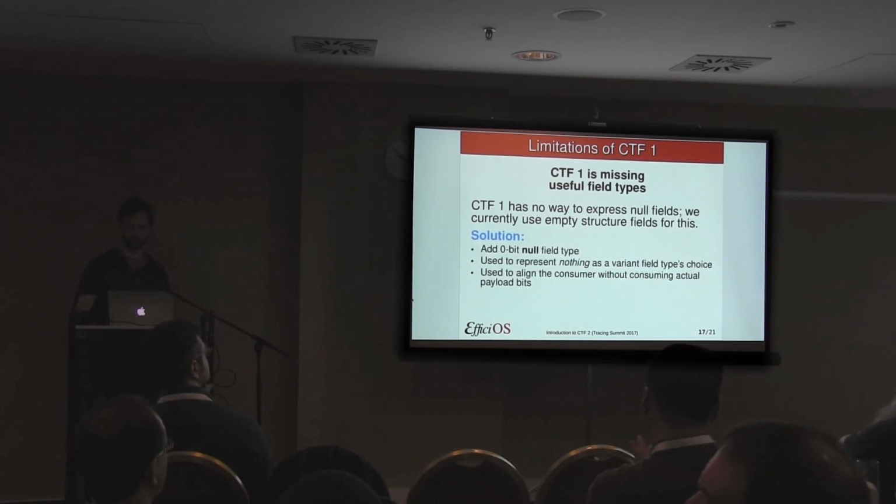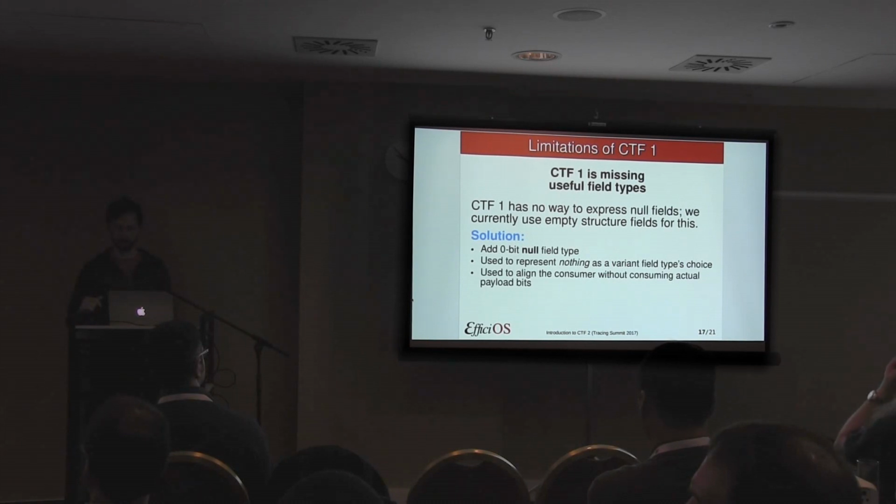Also, CTF1 has no way to express fields which have no length. This can seem like it's useless, but it's not actually. We sometimes use empty structure fields for this, so structure fields that contain nothing. One of the use cases is to represent a variant choice which is nothing.